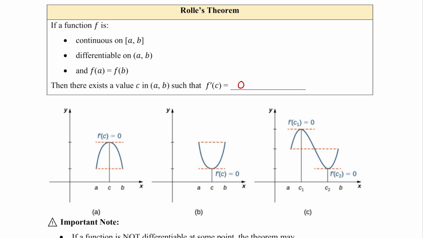So the big idea from the graphs is this. If a function starts and ends at the same height, then somewhere in between, the graph must flatten out. It might happen once or more than once, but it has to happen at least once.